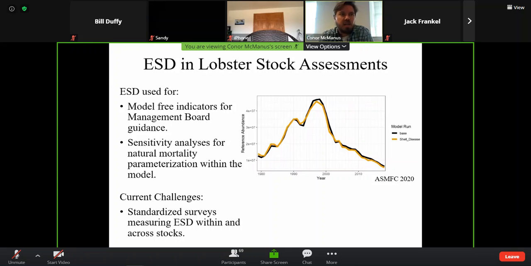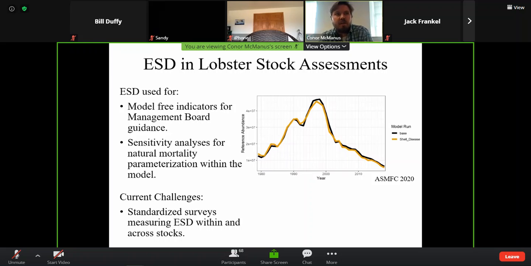The first is that each time we conduct a benchmark assessment, we provide not only results from the assessment model, but also model-free indicators, and this gives board managers a more observational and less quantitatively rigorous tool to try and understand stock trajectories and concerns that may then inform management decisions. particularly for managers that are worried about perhaps an assessment's uncertainty or retrospective pattern.